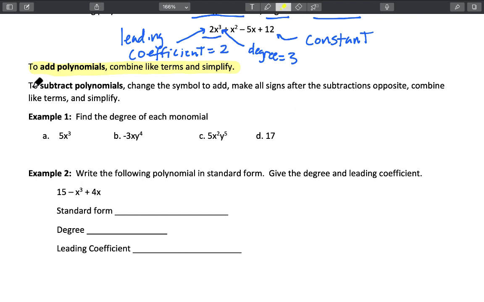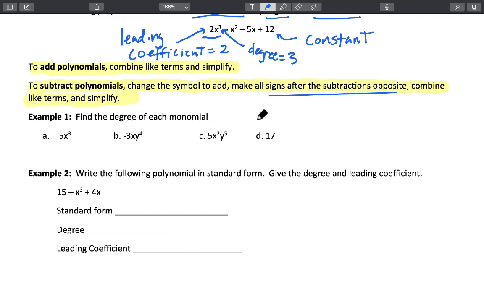Likewise, when we subtract polynomials, what we need to do is make sure that subtraction gets distributed to that second polynomial. And the way that we can do that is we can make sure that all the signs after the subtraction change to their opposite sign. And then we'll combine the like terms and simplify.